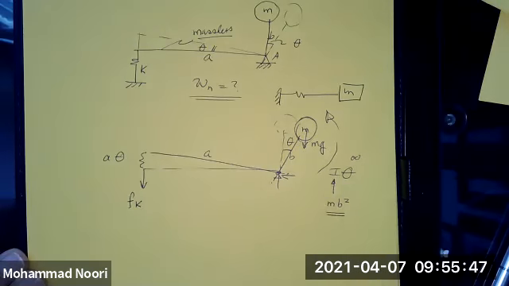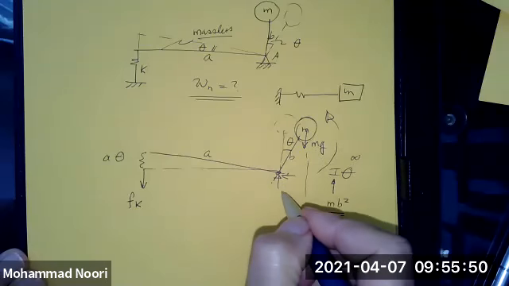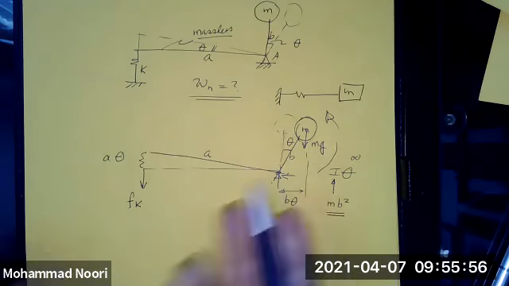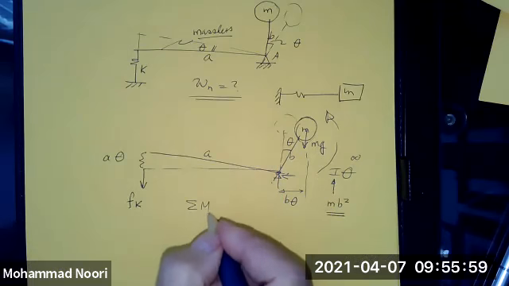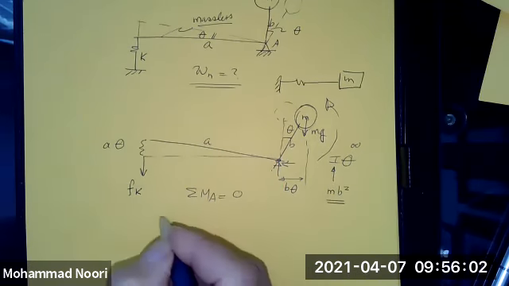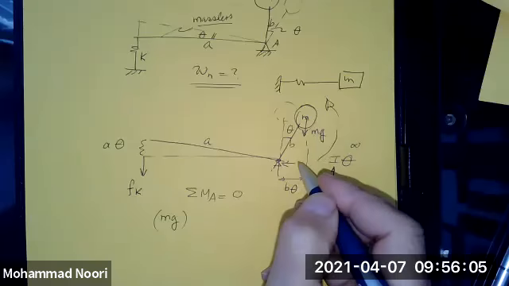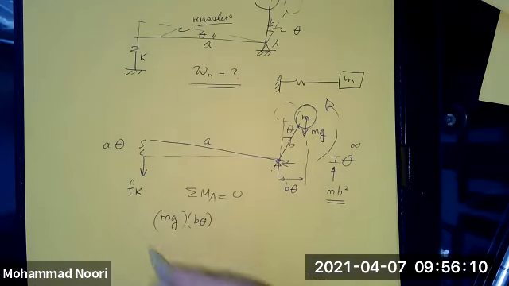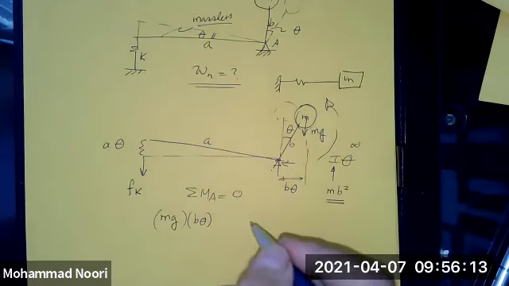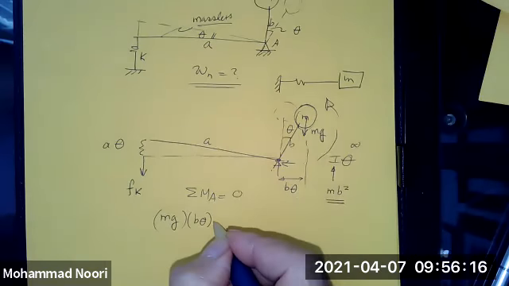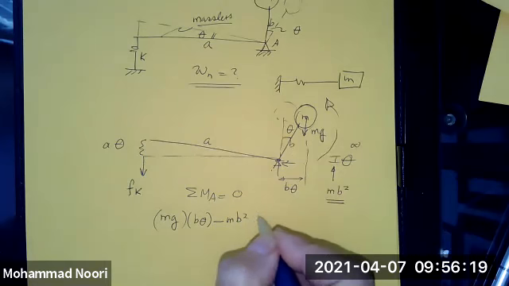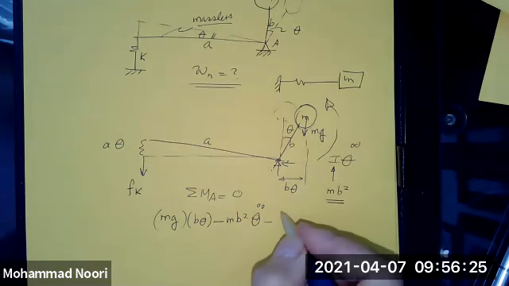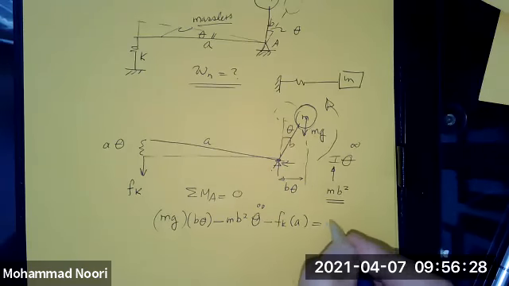Now let's take summation of moments, and this distance then would be b theta. So for the free body diagram, write again summation of moments about point A is equal to 0. So you have mg, which is this force, times this distance, b theta. You have then this inertial force, which is going in the opposite direction, m b squared theta double dot. Then you have this one, which is also F of k times a is equal to 0.